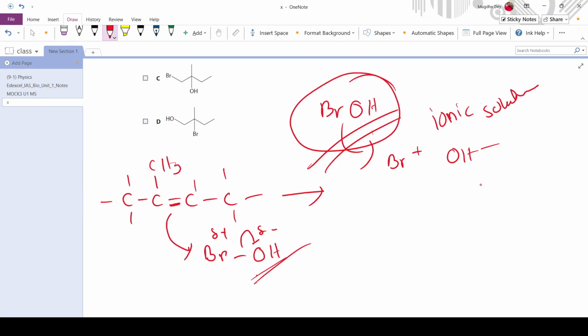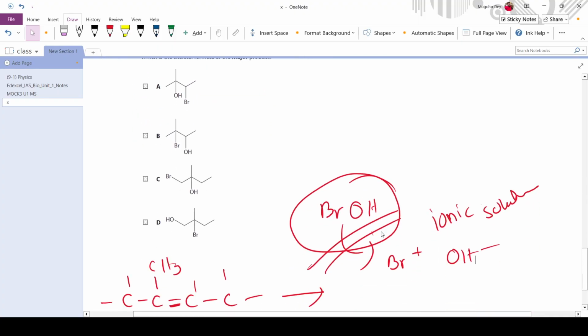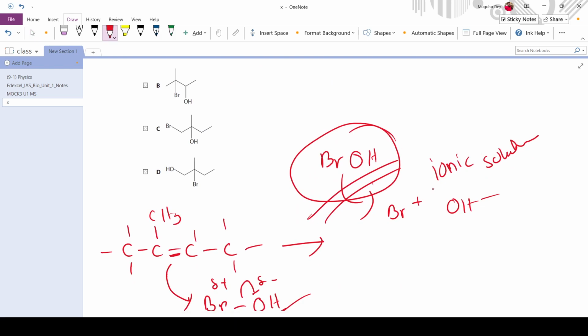Maybe we are confused because bromine water's formula has not been used in the book, right? Okay, fine, no problem. But right now, just understand that bromine water is an ionic solution, and in an ionic solution, one has to be a cation, and another has to be an anion. So something like this happens.